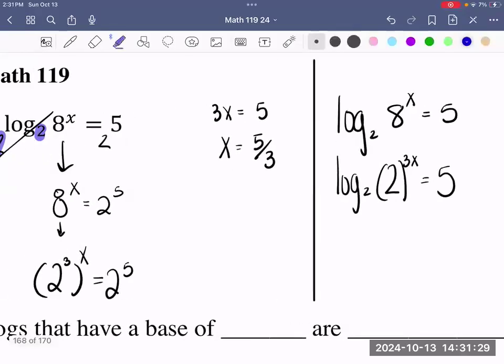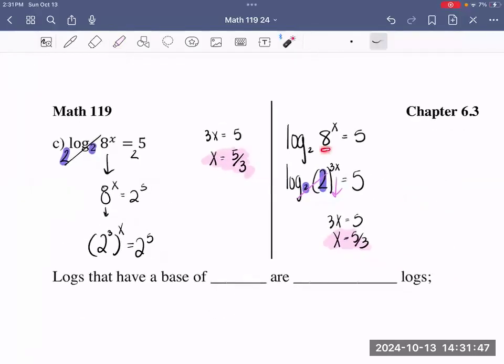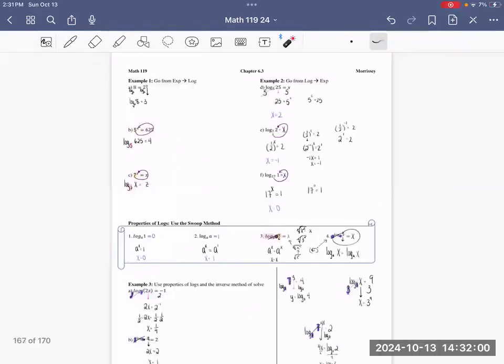Therefore, now that your bases match, it'll cancel, allow us to drop and say 3x is equal to 5. Therefore, x is equal to 5 over 3. Now, notice that those equations give x equal to the same exact thing. It's whether or not you understand the numbers' pattern first, or once you take a look at it and you're still asked to solve it, that you can go from there. I really like this question. I also really like some of the ones before it, like E, I really enjoy. F, I also really like as well.